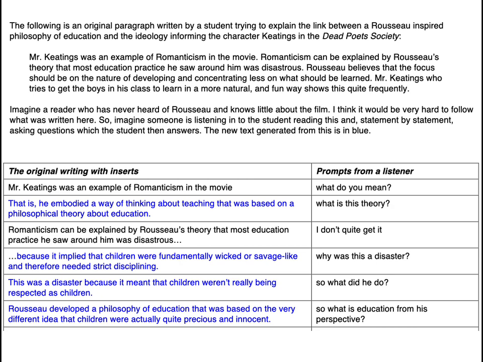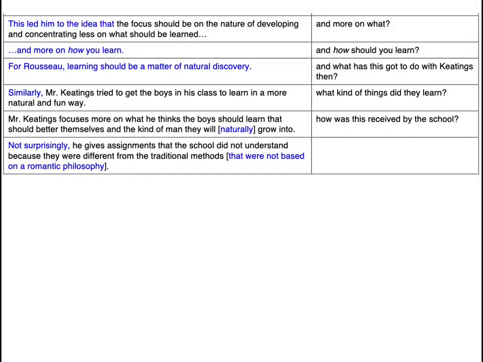Now I'm getting it. Okay, so what did he do? Well, Rousseau developed a philosophy of education based on the very different idea that children were actually quite precious and innocent. This led him to the idea that the focus should be on the nature of developing and concentrating less on what should be learned.